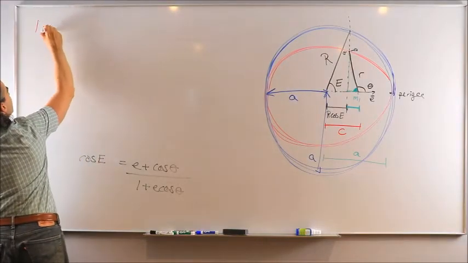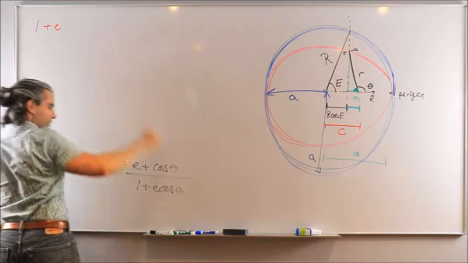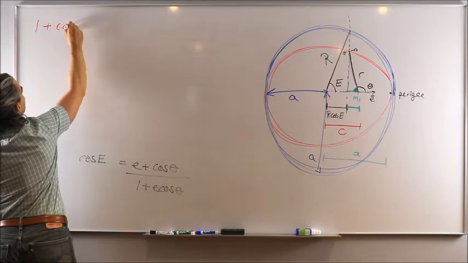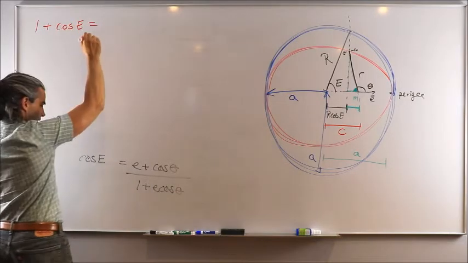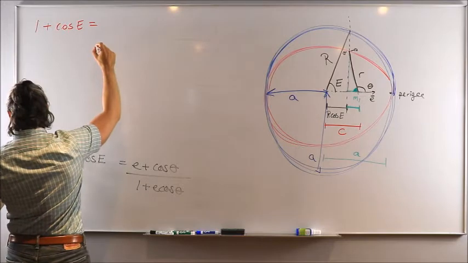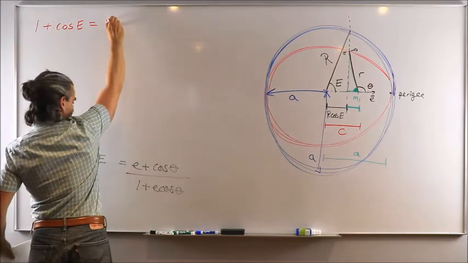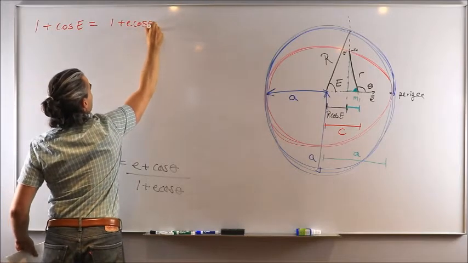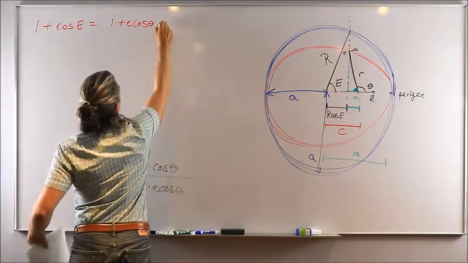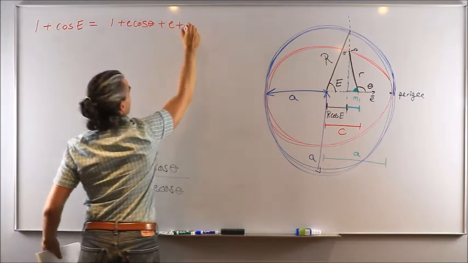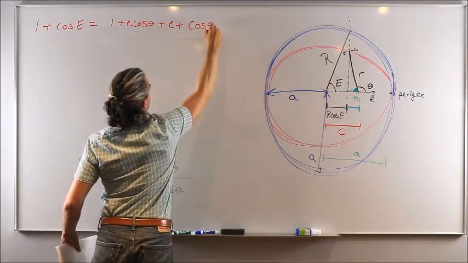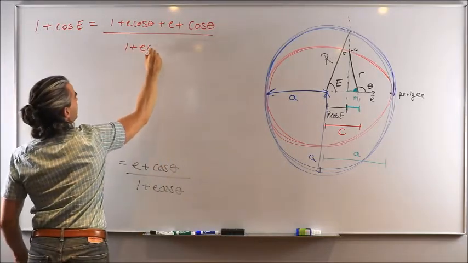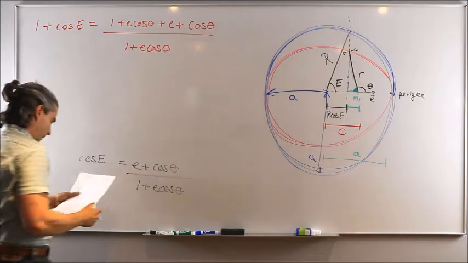I'm going to say 1 plus E plus cos eccentric anomaly equal to (1 plus E cos theta plus E plus cos theta) over (1 plus E cos theta).